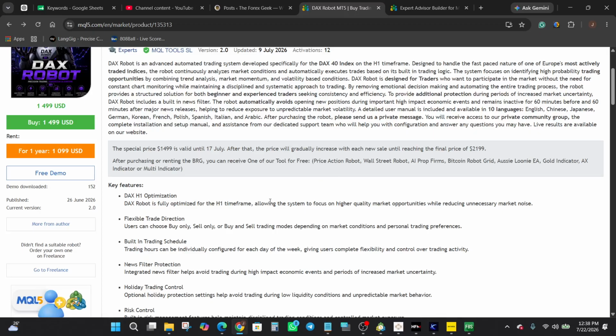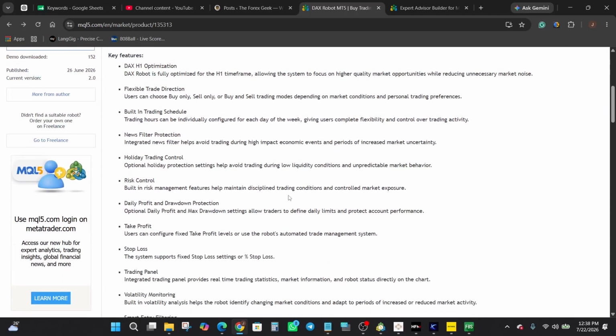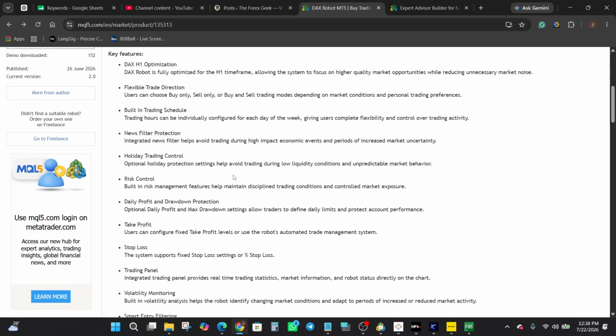You have the buy only, sell only, or both. There's configurable trading hours per day, holiday protection, risk controls, daily profit and drawdown limits, fixed or automated take profit and stop loss, volatility monitoring, smart entry filtering, and an on-chart trading panel for stats. It comes with a detailed manual in multiple languages and support access after purchase.